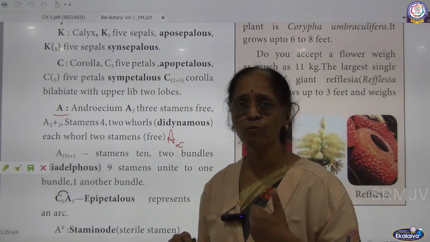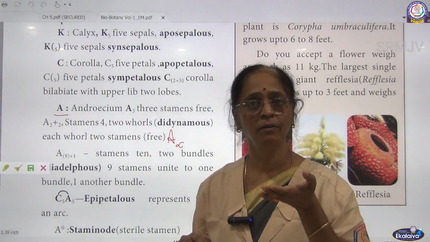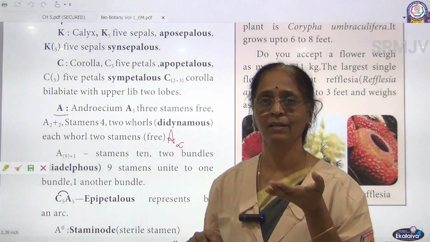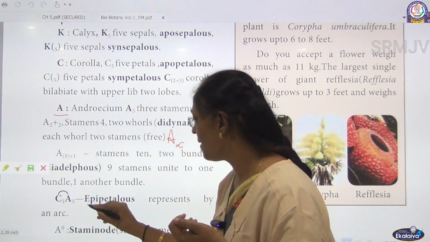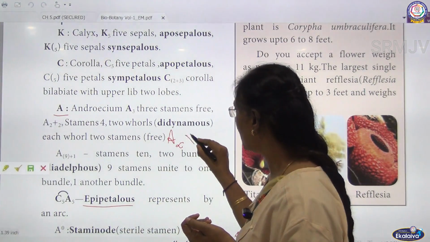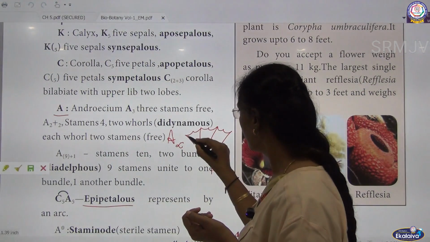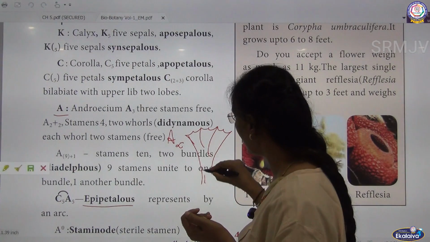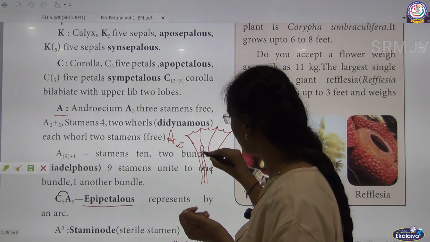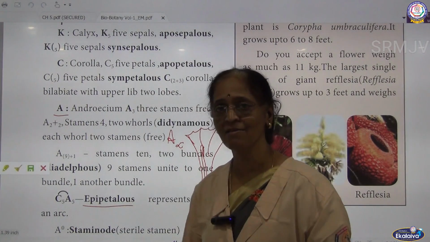Now, sometimes the androecium is attached to the corolla. That condition we call Epipetalous. For example, in Datura metel, you will find that the androecium is attached to the petal. Then you call that condition Epipetalous.